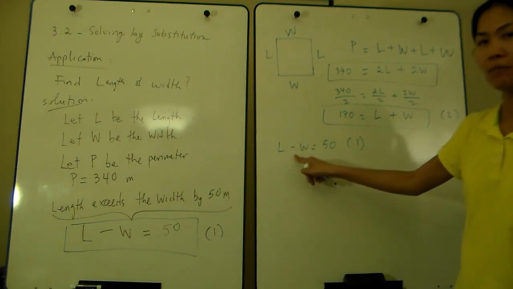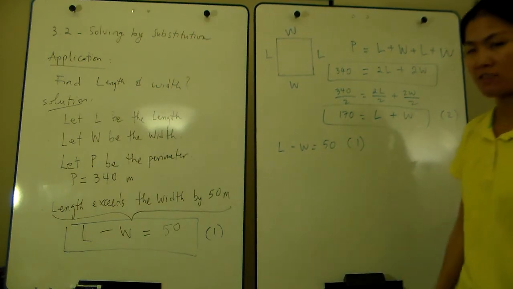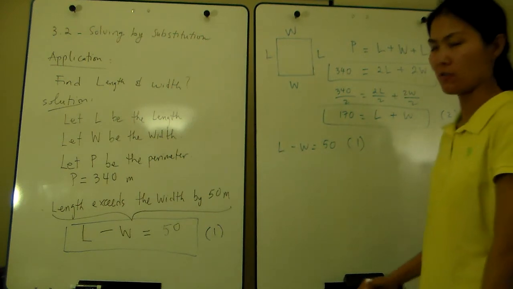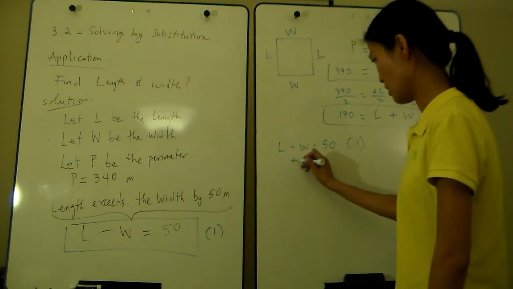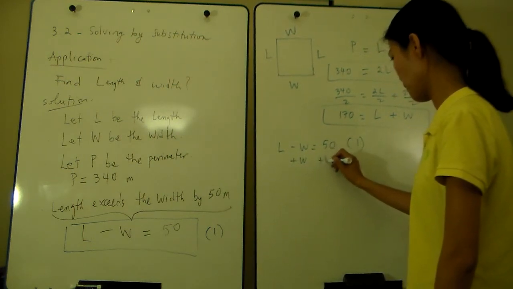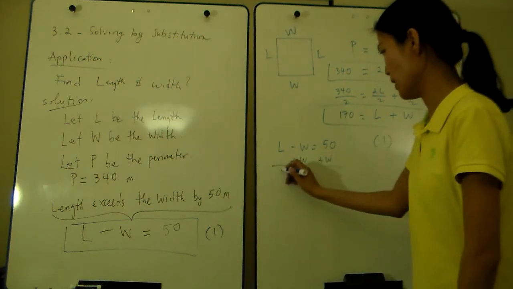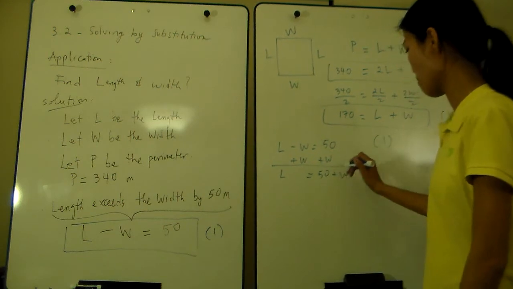W is a negative term, which means you would need to convert this negative W to positive W. So it's more efficient to start with L. To solve for L, add W on both sides. Simplify, and we get L equal to 50 plus W.